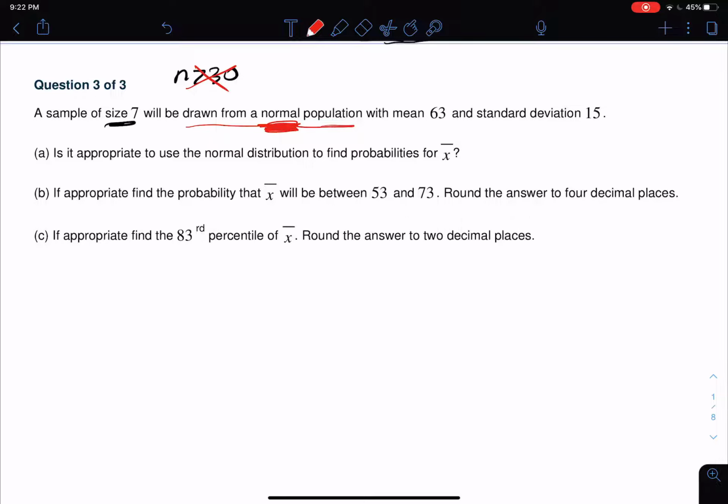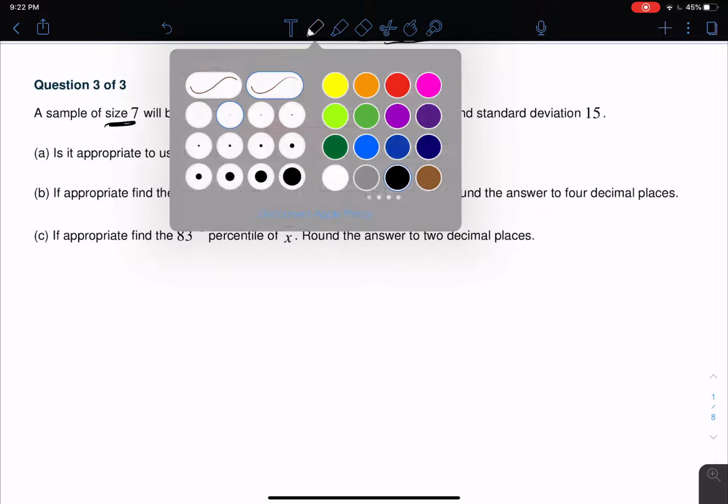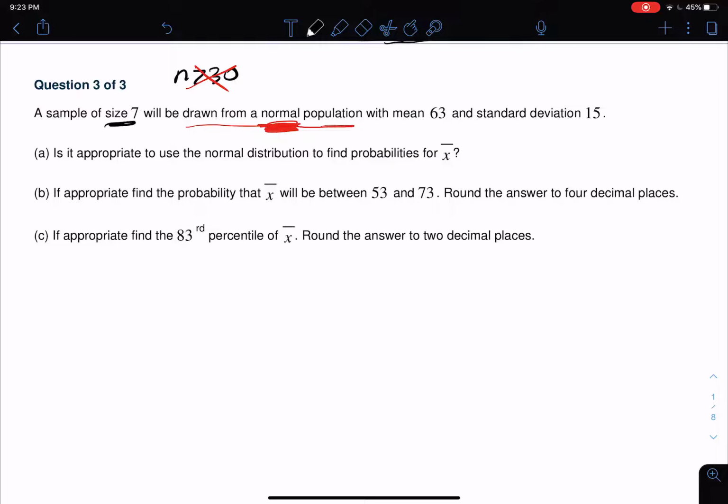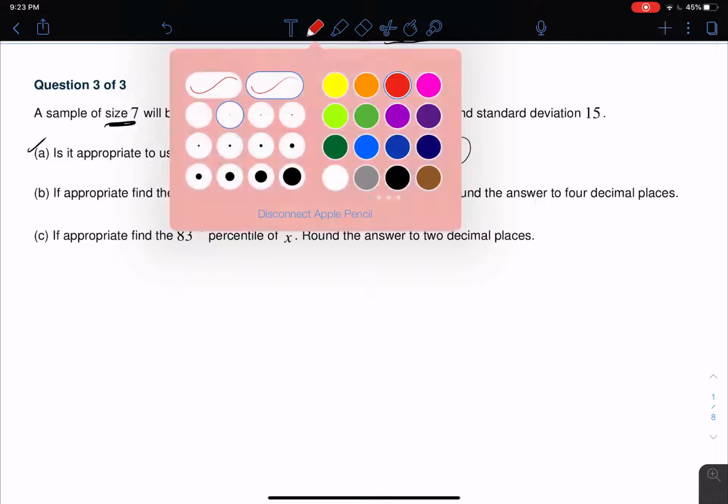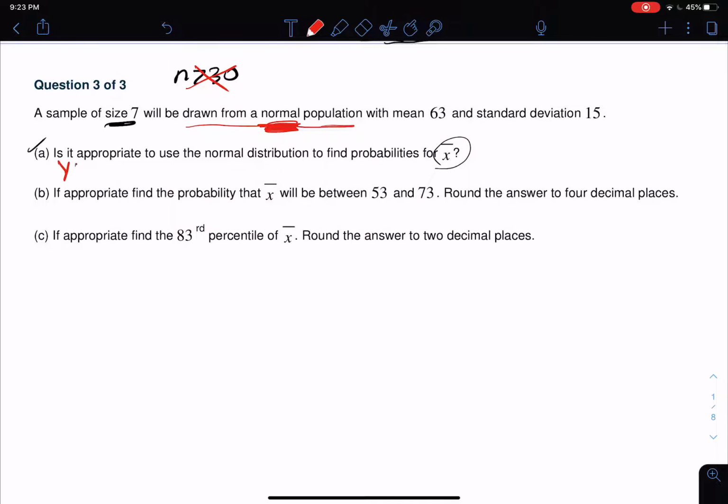Part A: is it appropriate to use a normal distribution to find probabilities for the sample mean? The answer is yes, it is appropriate.